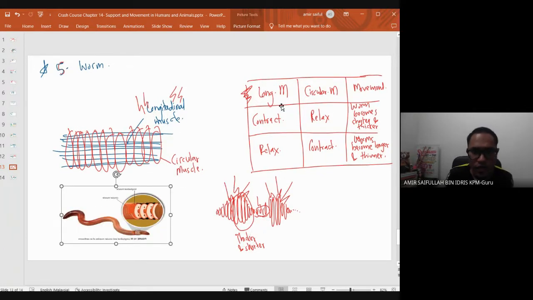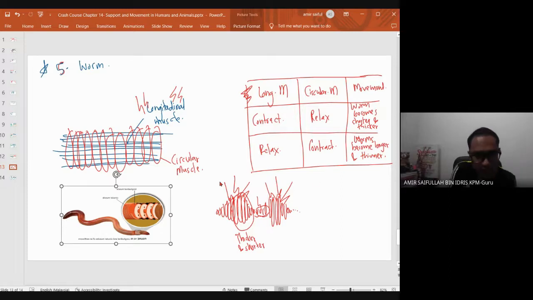So when the longitudinal muscle contracts, the inside one, the long one, the circular will relax. So when they contract, the worm will become shorter and thicker. Okay, shorter and thicker. And then when the longitudinal muscle relaxes, the circular muscle contracts, the worm becomes longer and thinner.